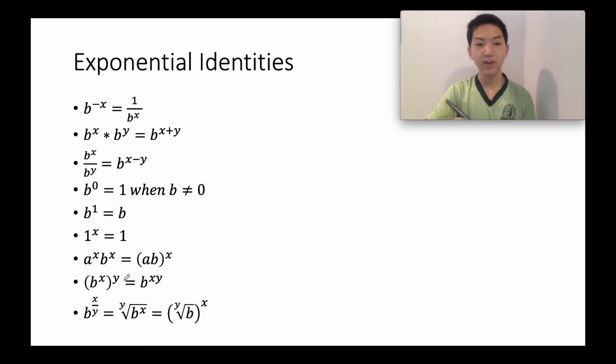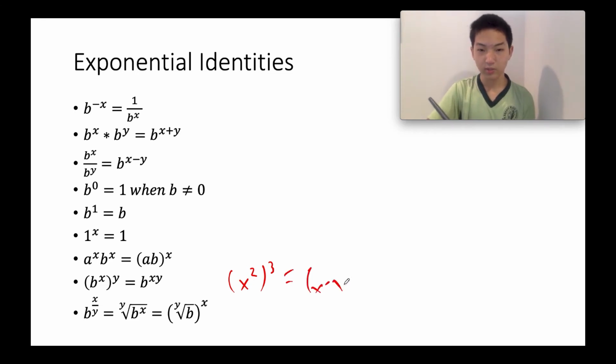So next we have (b^x)^y is equal to b^(xy). Well, that's not too hard to see either, because if you have, say, x squared to the third power, you could first expand the inside to see (x times x) to the third power.